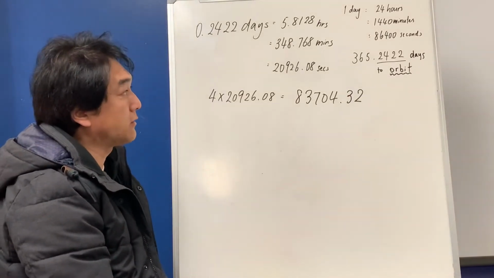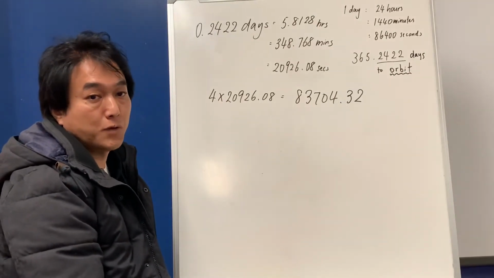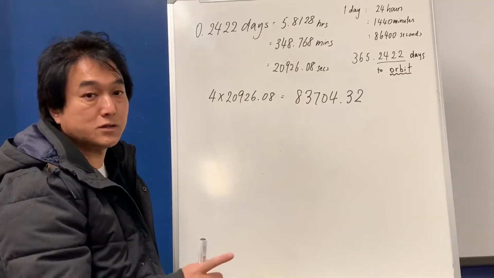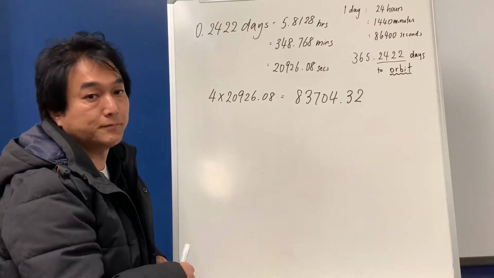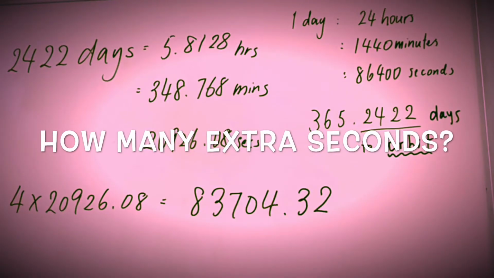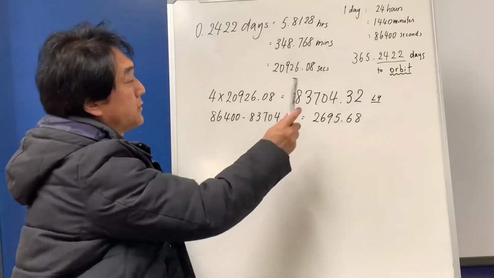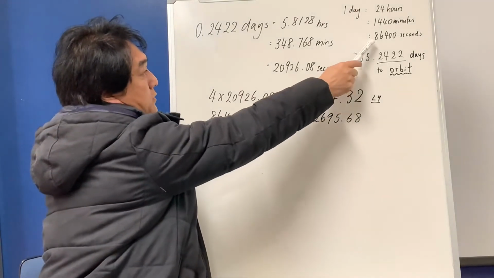So let's find out how many extra seconds we're adding every 4 years. I'm going to pause the video. Let's see if you can use a calculator. So I simply subtracted this number from the whole day seconds.